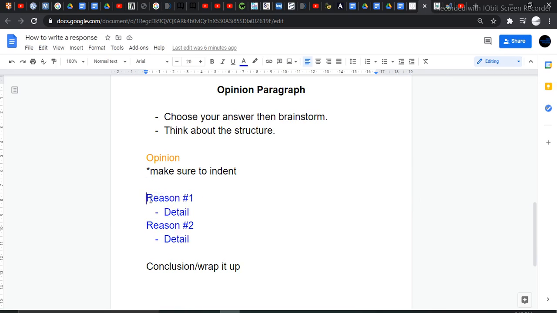You have to state your reason number one again, give some really good details, and then reason number two, give some more details or supporting evidence to really make it a strong reason, a strong idea, and then a conclusion to wrap it all up. That will help the reader totally understand what you're trying to say.